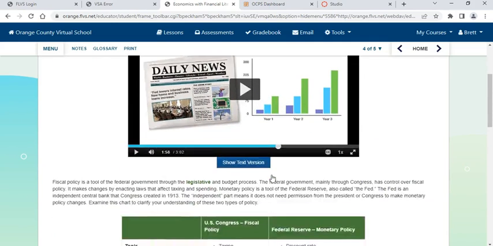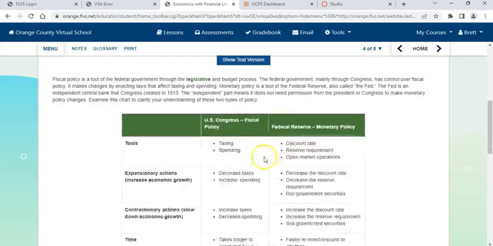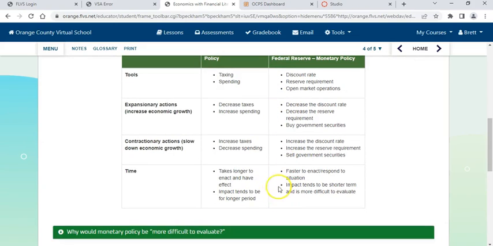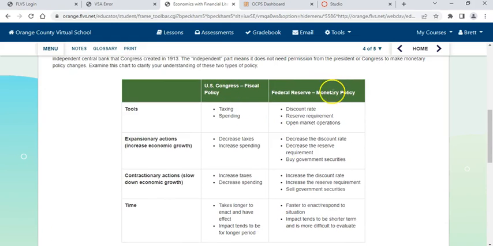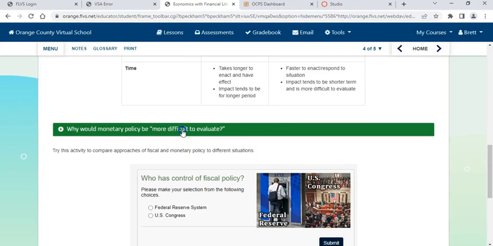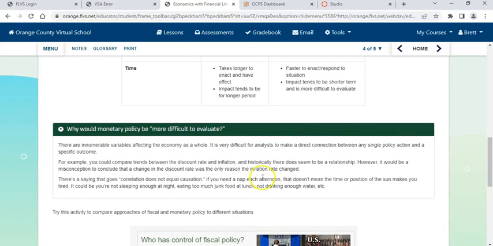The assignment's going to ask about fiscal policy tools. Down here, they give a nice chart for you to explain what the tools and the impacts are, when they would want to do them, and what the time lags are between the two different policies, fiscal policy and monetary policy. And then they explain why monetary policy is kind of difficult to evaluate.